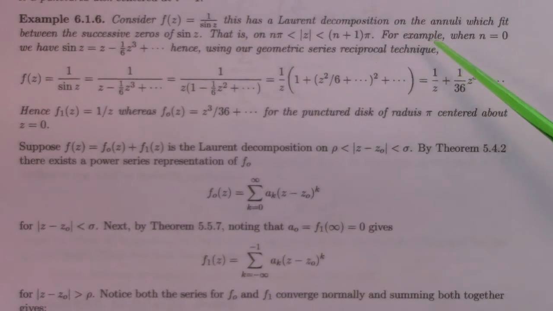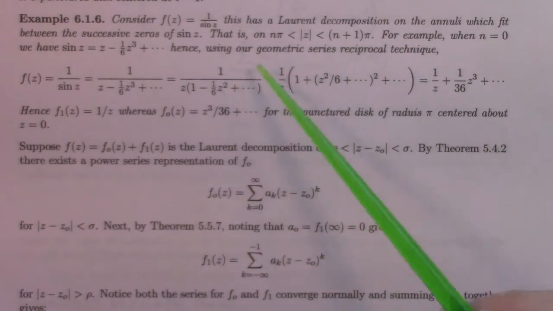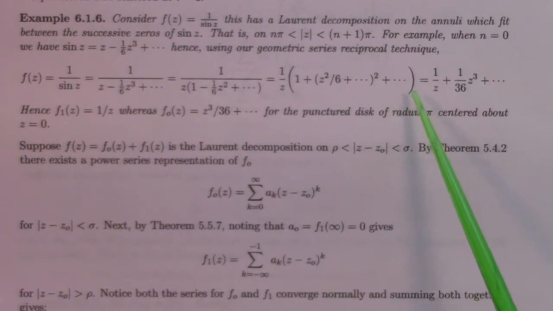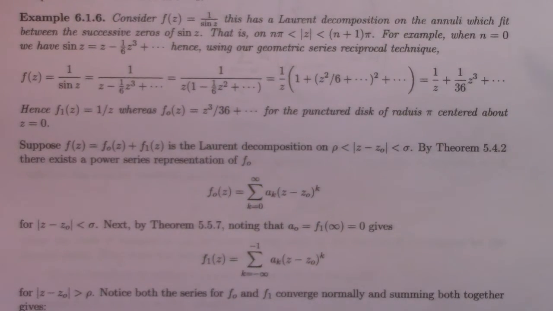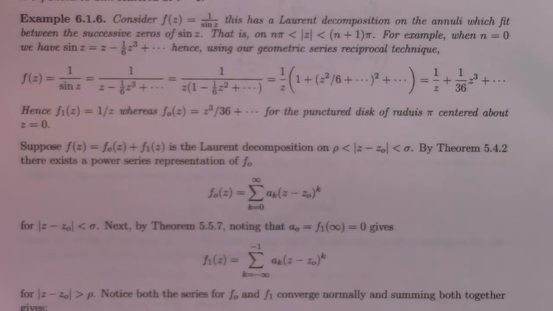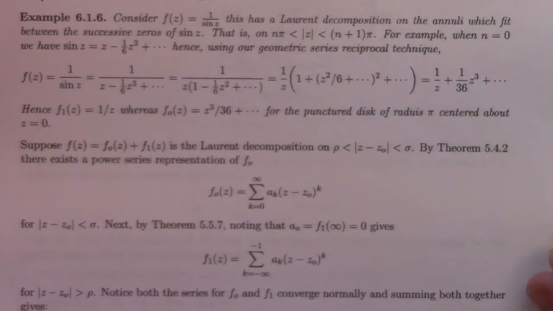So we can use a geometric series to calculate the reciprocal by factoring out a z, and we get this. So essentially we have the principal part, which we'll define soon enough. The principal part is 1 over z, and here's the polynomial piece. So this is the f1, there's the f naught, of course, plus dot dot dot. On the punctured disk of radius pi centered at 0, there's the Laurent decomposition.